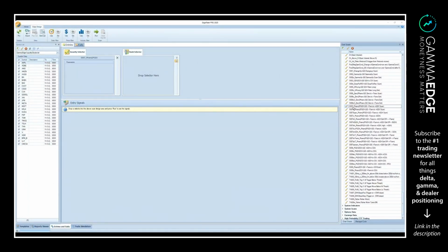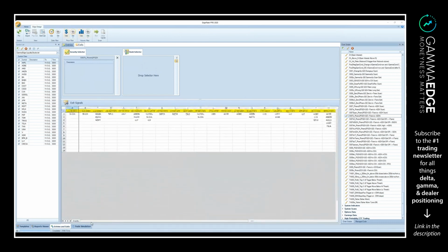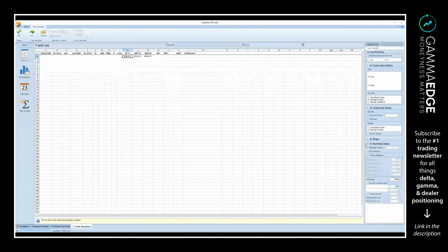That 0GEX is the balance point between calls and puts. If we're above it, I'm leaning to the upside if it's call dominated, in a positive delta state. But as soon as we drop below 0GEX and start living below it, I know I'm probably wrong. That's why I look for trades that have those levels as close as possible, so I know right away that I'm out of the trade.